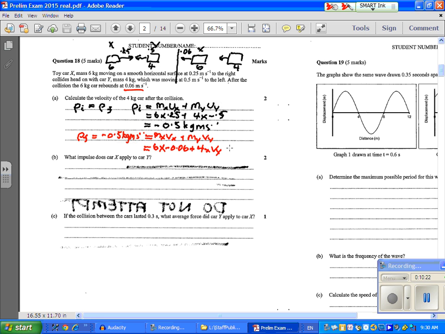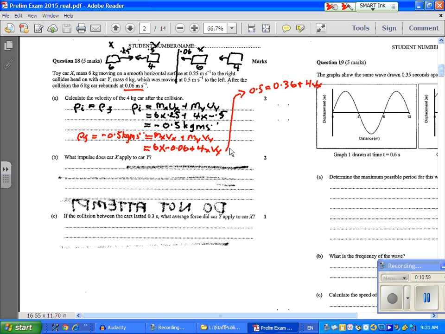Okay? So that means that, and I'll have to go up here and just scribble over this side, and this would be legitimate in an exam. They're quite happy if you do this. So I can now go minus 0.5 equals 6 times minus 0.06, which is minus 0.36, plus 4 times vy.